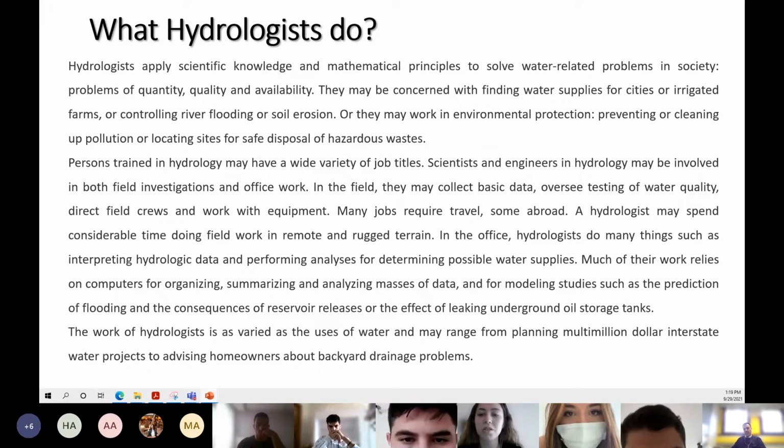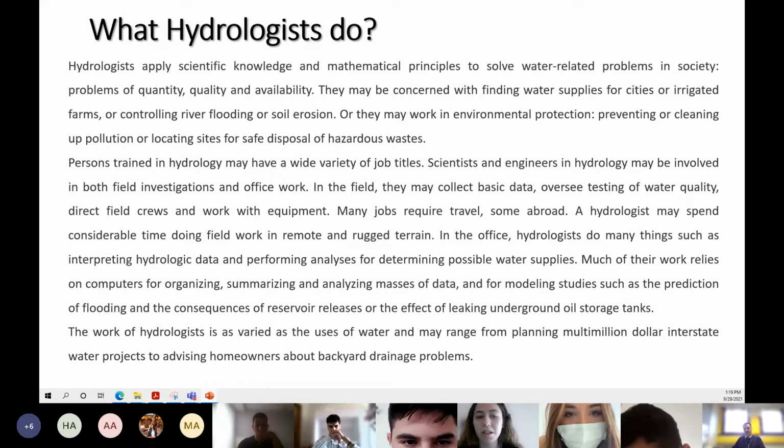In the office, hydrologists do many things such as interpreting hydrologic data and performing analysis for determining possible water supplies. Much of their work relies on computers for organizing, summarizing, and analyzing masses of data, and for modeling studies such as the prediction of flooding and the consequences of reservoir releases, or the effect of leaking underground oil storage tanks.